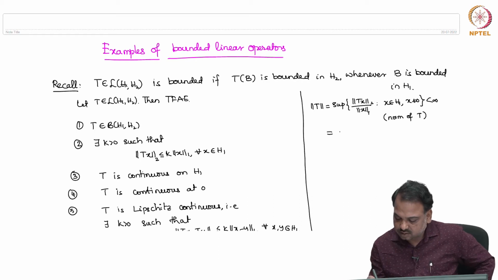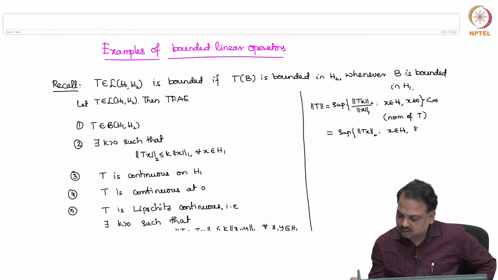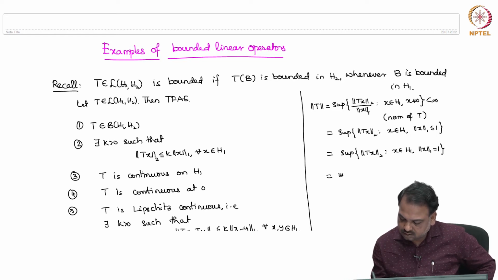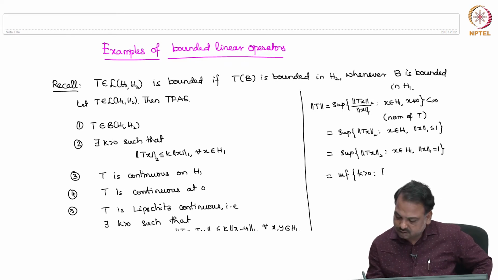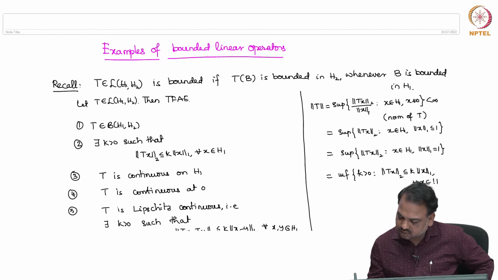That is nothing but the supremum of norm Tx, where x is in H1, norm x less than or equal to 1. This is the second one, and this is the third one, norm Tx, where x is coming from H1 and norm x is 1. And the last one is the infimum of all those positive numbers K such that norm Tx is less than or equal to K times norm x for every x in H1.